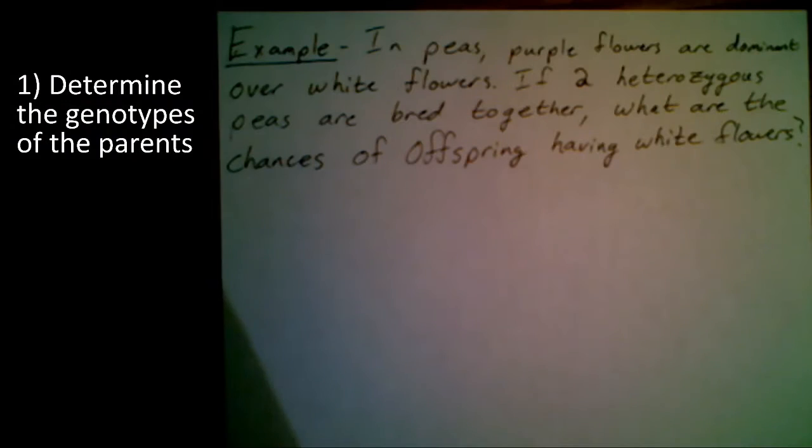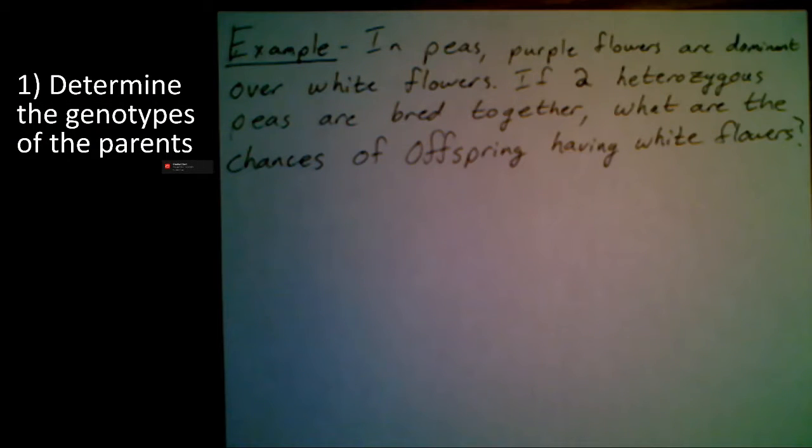This is kind of a standard question that you would end up seeing when you're dealing with Punnett squares. You will always end up getting information, usually about a couple of parents. You'll be able to determine their genotypes, and then you can use that to make your predictions. To do this, there are pretty much some clear-cut steps that you can follow in your problem solving, and that's what I wanted to walk you through.